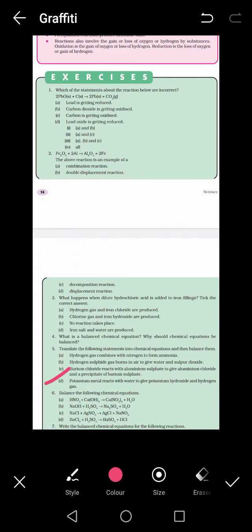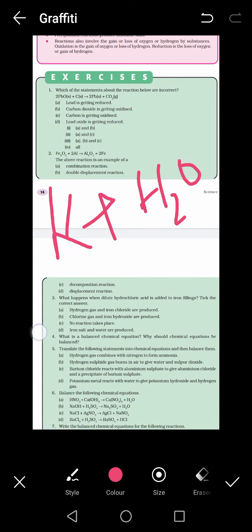Question number D. Potassium metal reacts with water to give potassium hydroxide and hydrogen gas. Potassium metal reacts with water to give potassium hydroxide and hydrogen gas, meaning K plus H2O forms potassium hydroxide and hydrogen gas.